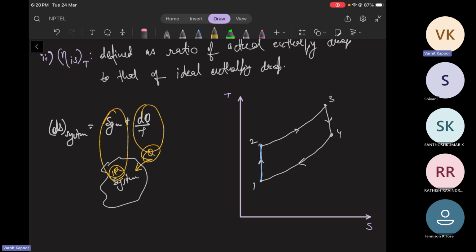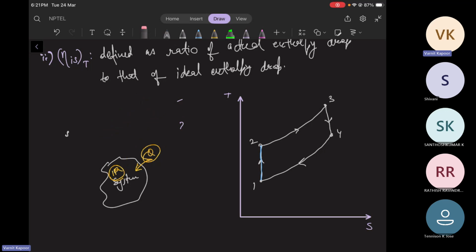So my thinking is related to S generation: either I think or I don't, so it will be equal to 0 or greater than 0. And the other way is actually preparing for the exam. So this is just a glimpse I want to give of entropy generation.